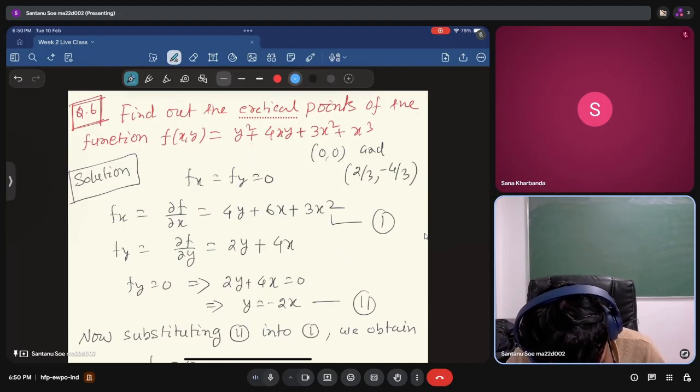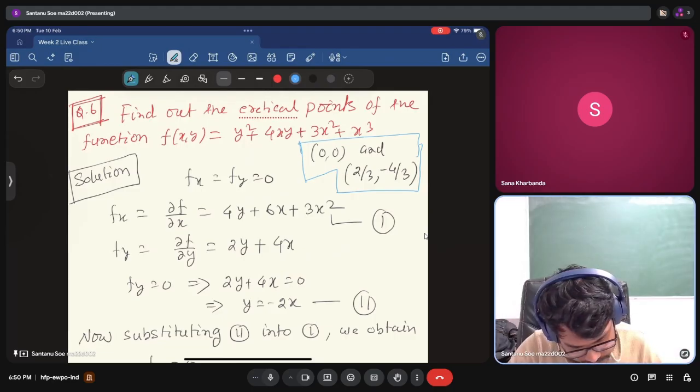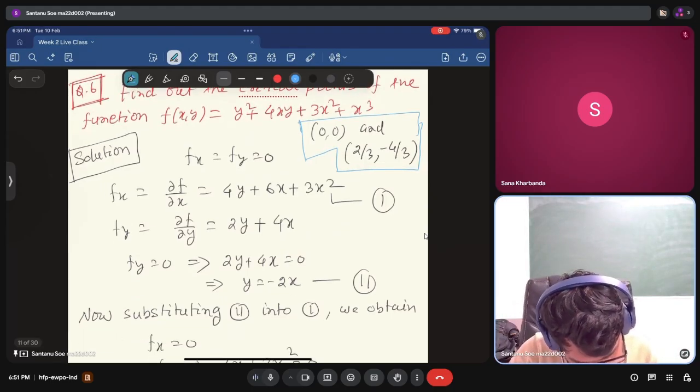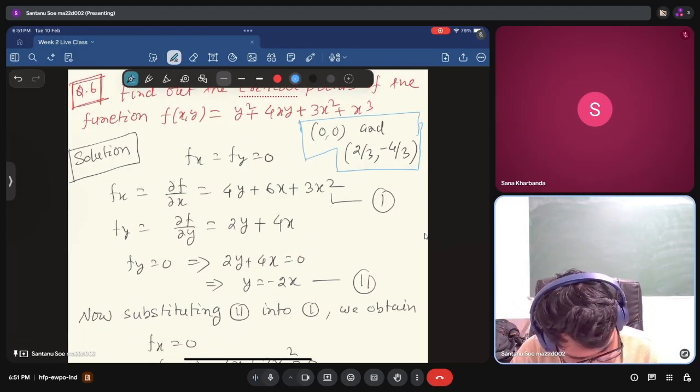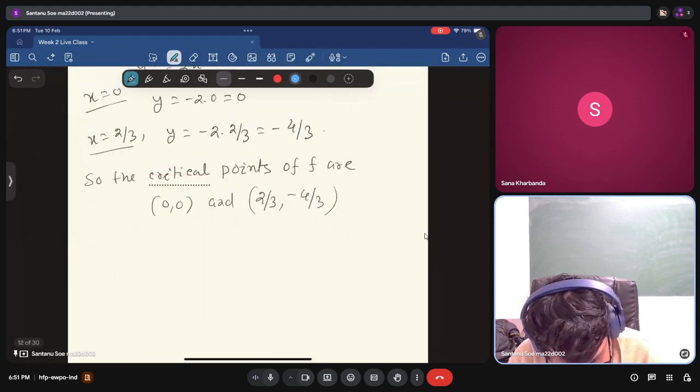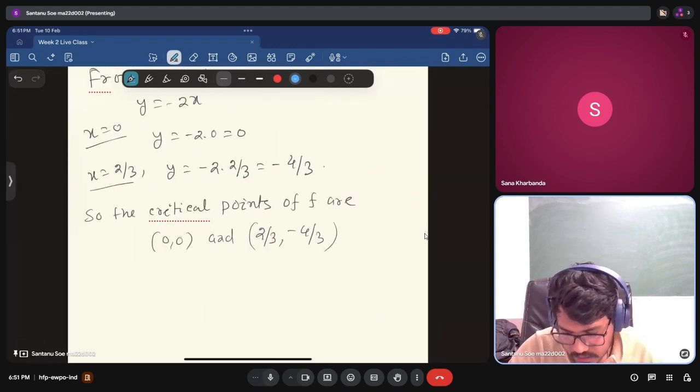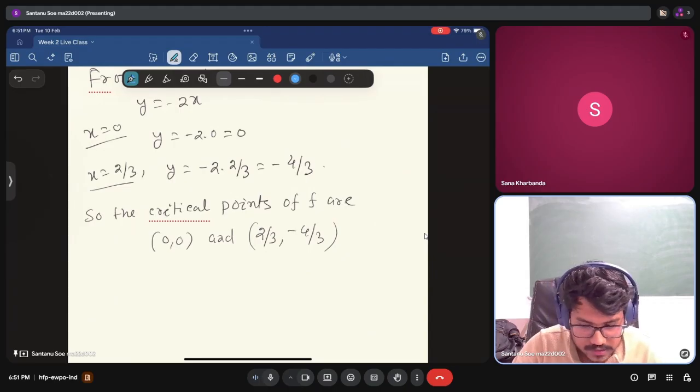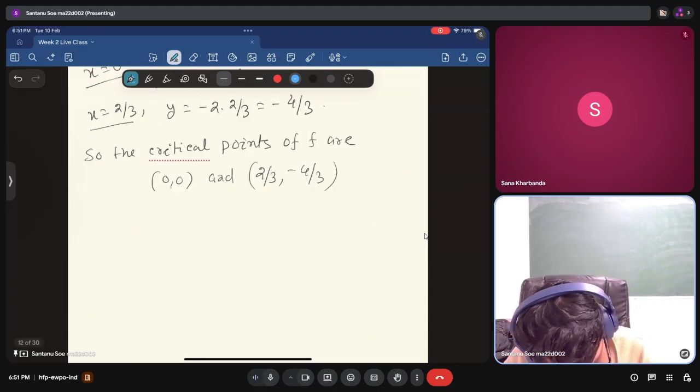So this should be the answer. Okay, but in case we want to know what is the maxima or what is the minima, or what are the minimizer or the maximizer for this function, we can do this.